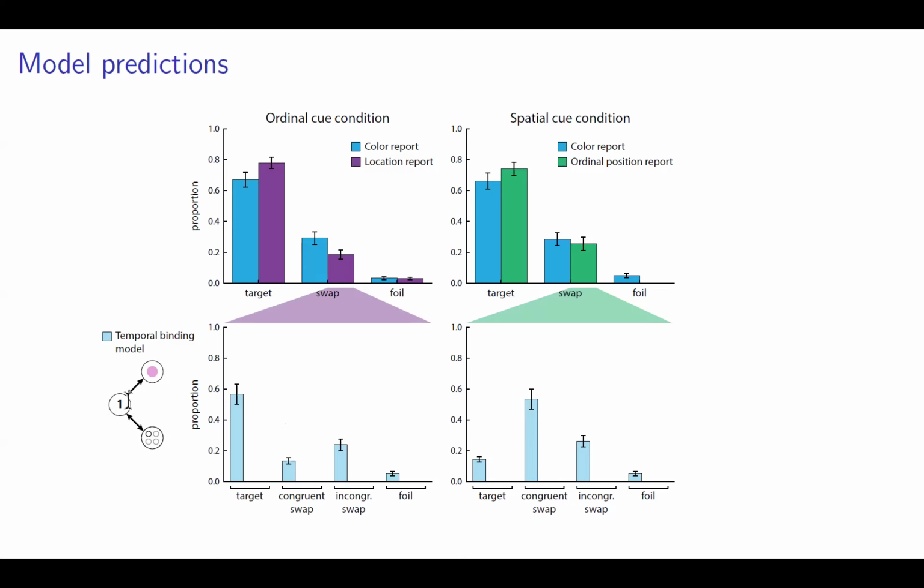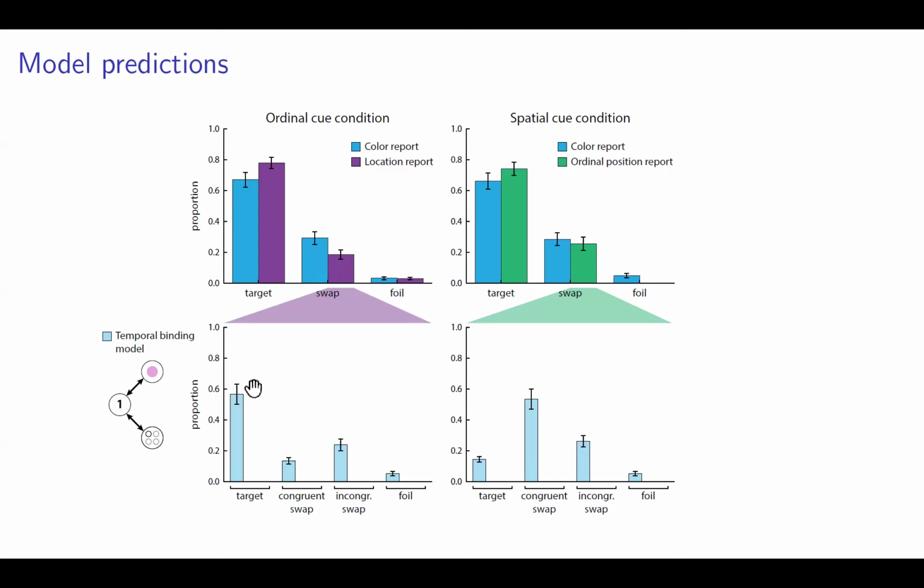If the ordinal position is really the binding dimension, so the temporal binding model, we would expect the color response to be mostly correct, even though the location is selected incorrectly. Whereas if they were cued with a location and they make an error in the ordinal position report, then we would expect that they used that reported ordinal position also in retrieving the color, and so we should see mostly congruent swap errors.